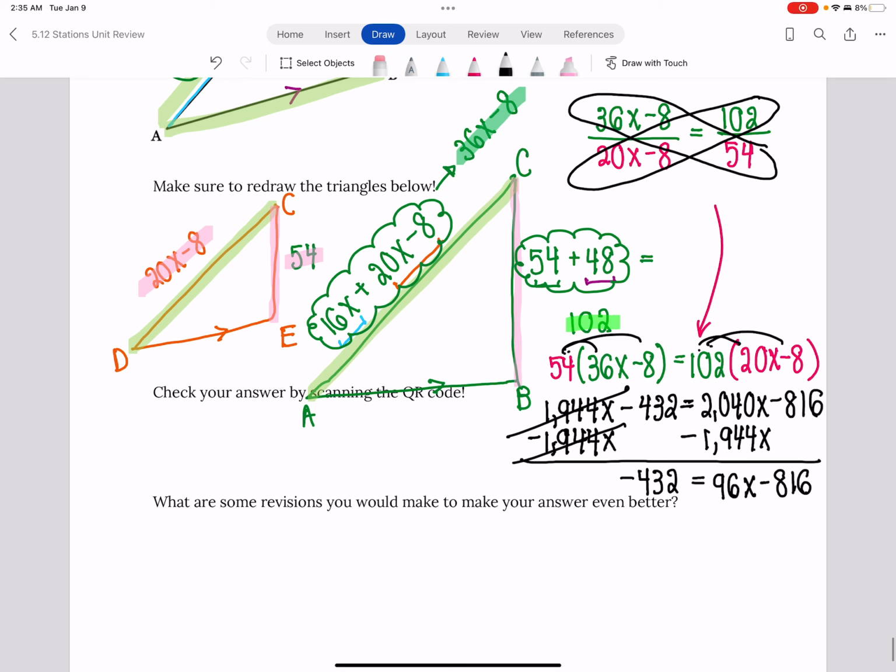Our next step is to get rid of the negative 816 on the right side by thinking about inverse operations. So we're going to add 816 on both sides.